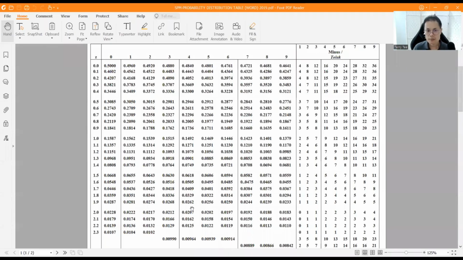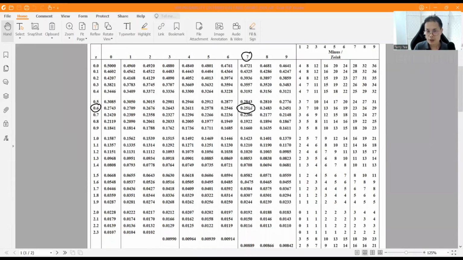But where do you find 0.25? Take a value slightly more than 0.25, 0.2514. Look at this, this is 0.6, this is 7.